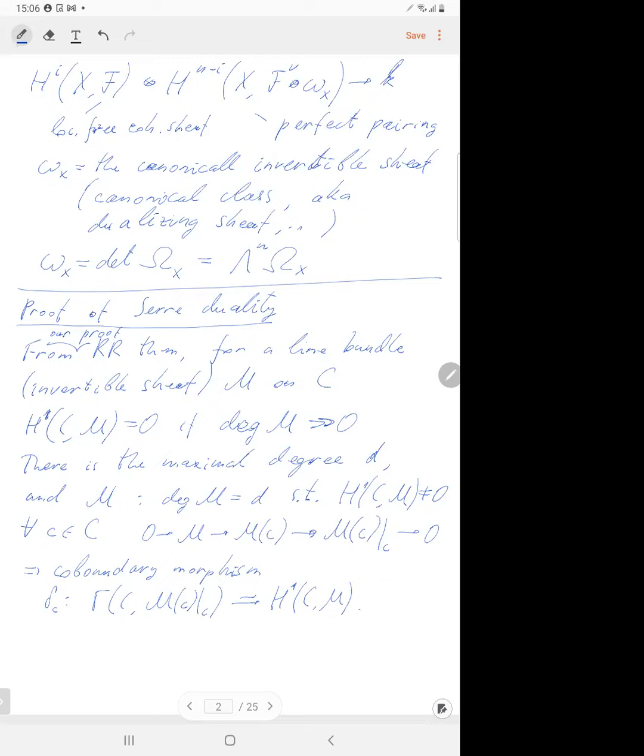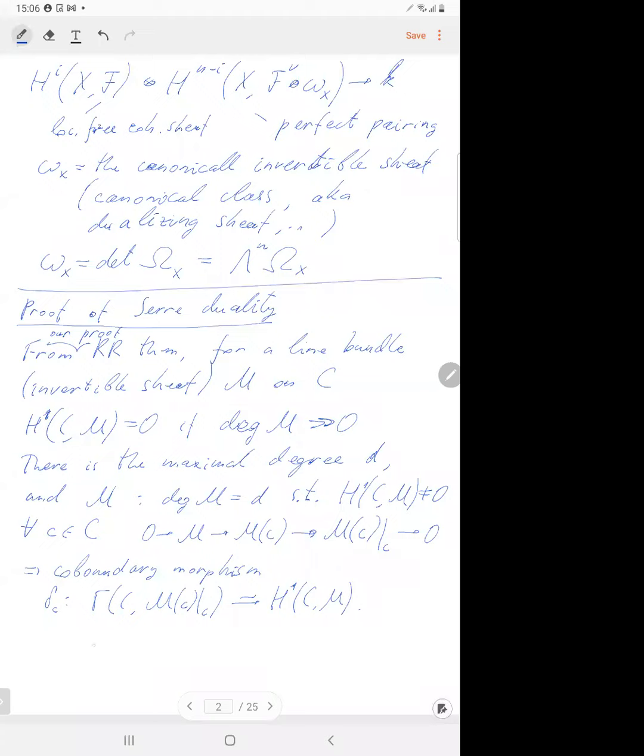It is only a surjection, and in principle you could have, okay, let's write this.